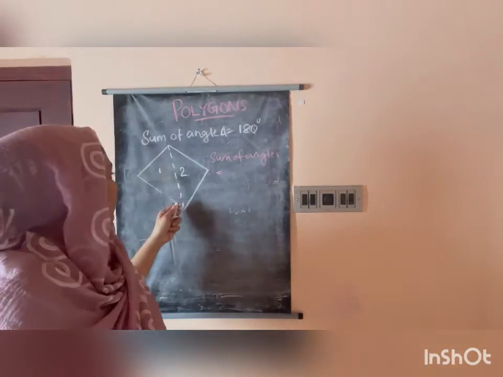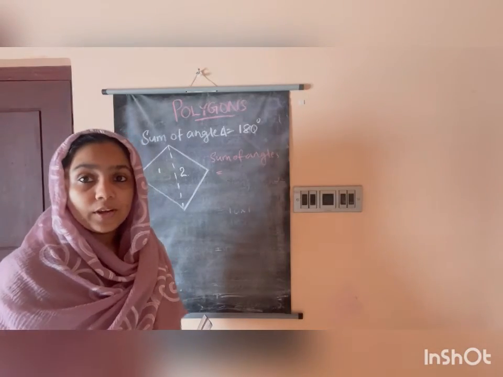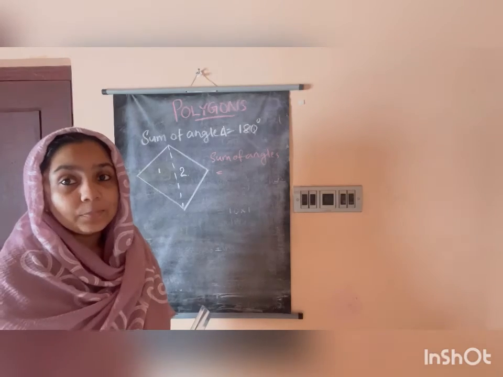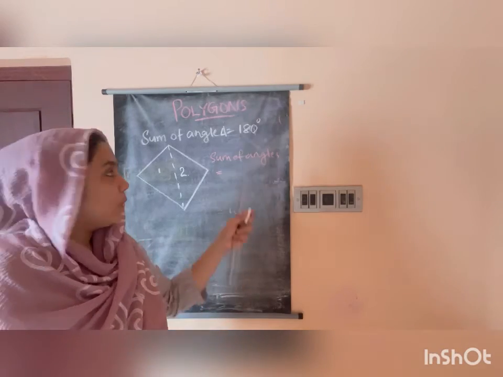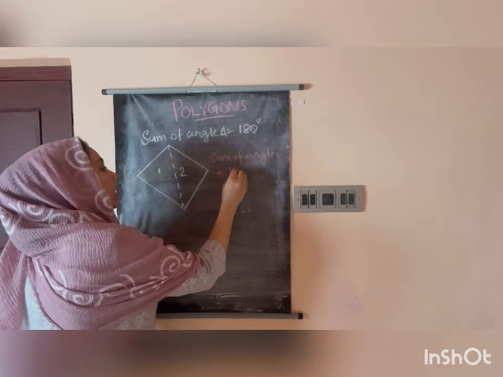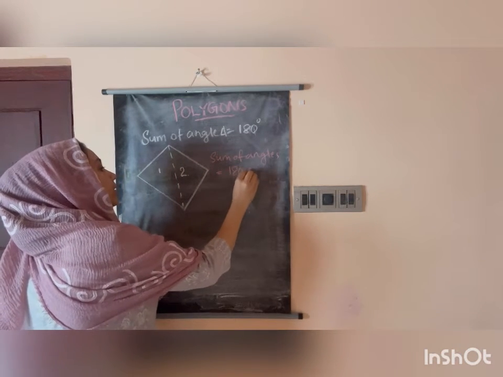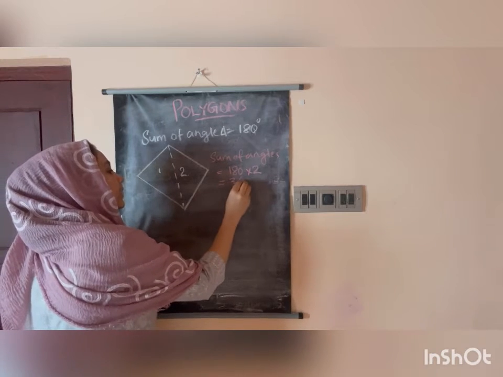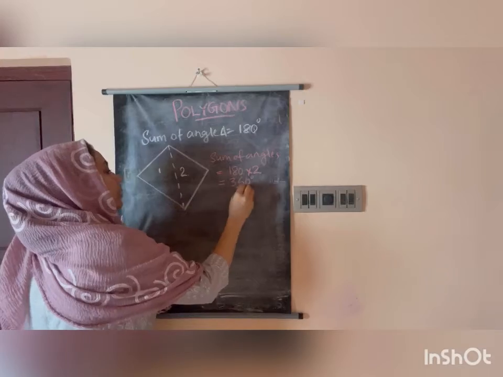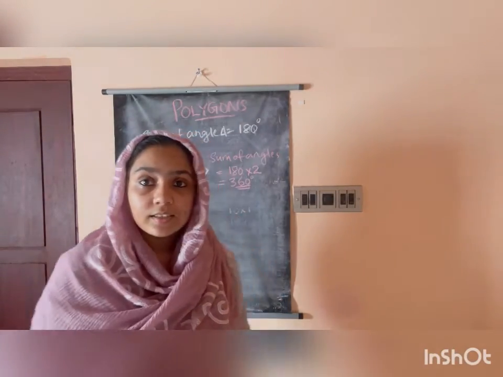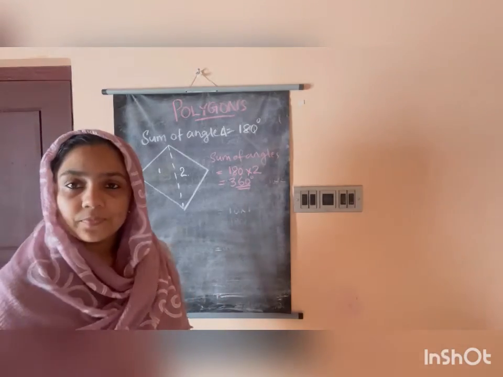So, these two triangles, the sum of angles is 180 degrees each. So, we can add these two, or multiply 2 into 180 degrees. 180 plus 180, or 2 into 180, is equal to 360 degrees. So, the sum of angles of a quadrilateral is 360 degrees.